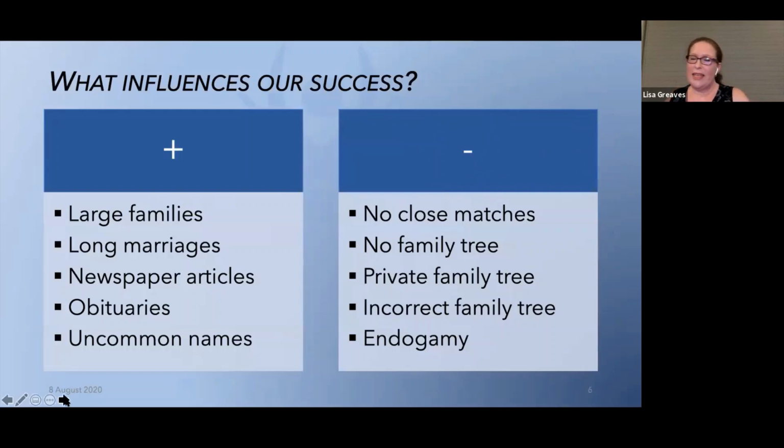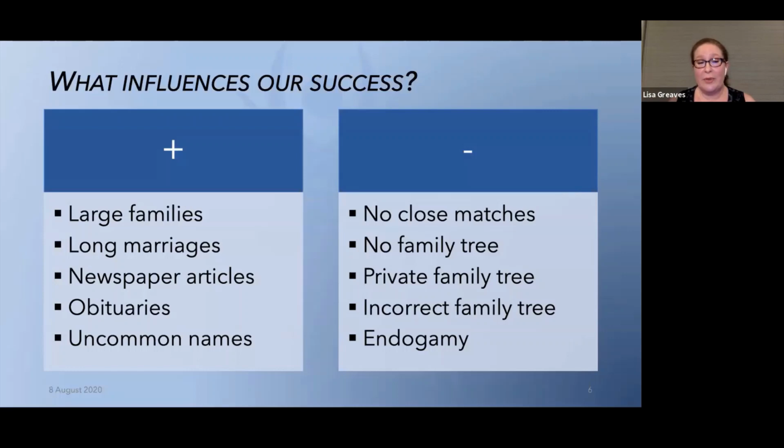Okay. So what influences our success? When I think about the cases where I was able to answer the research question and the cases where I wasn't able to, what it really all comes down to is large families, because large families produce lots of siblings, and the siblings give you more chances to find vital records, which might mention the parent's name, for example, more chances to find obituaries that might mention important details about the family.